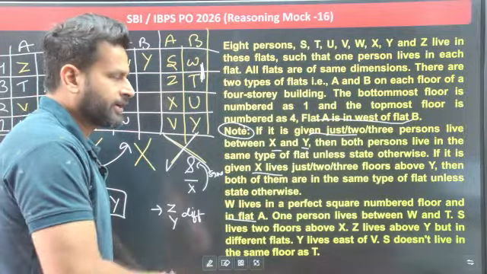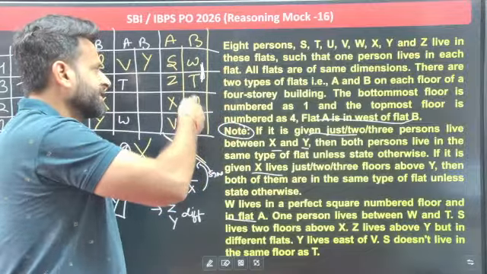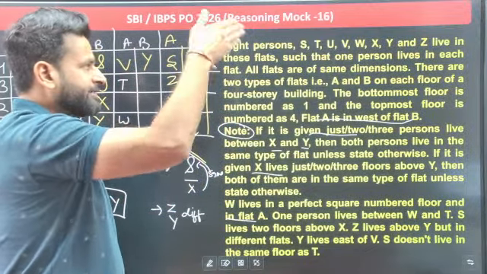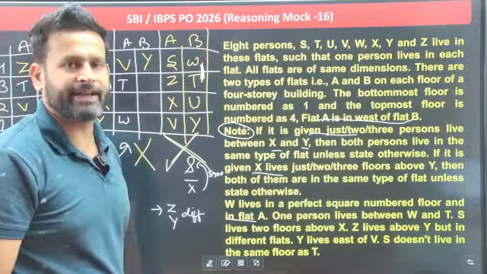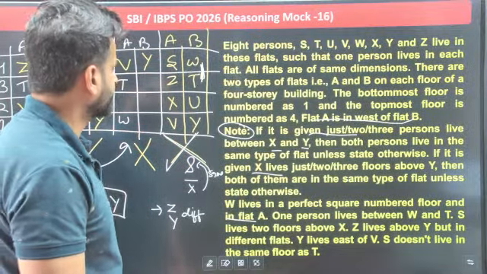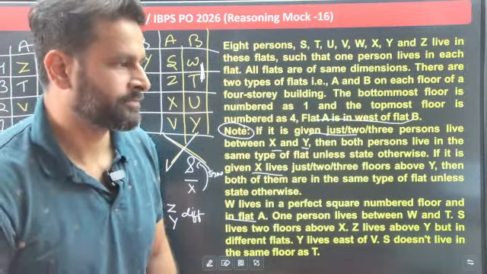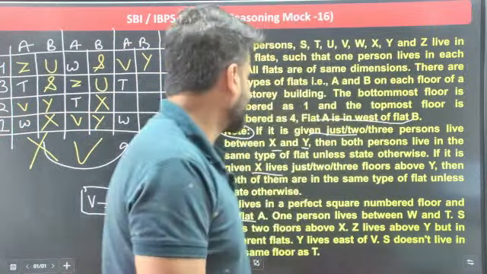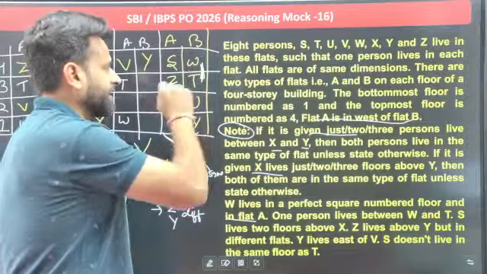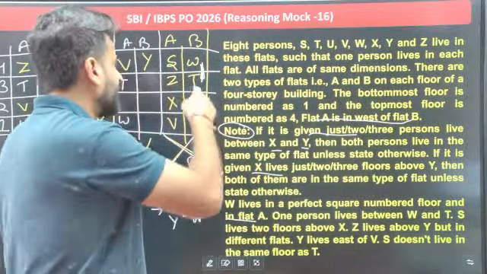Okay. So according to this, you have to consider in this way. One person between W and T, both are in the same flat. Is it okay? Yeah, I understood. Acha, you are counting in this way.